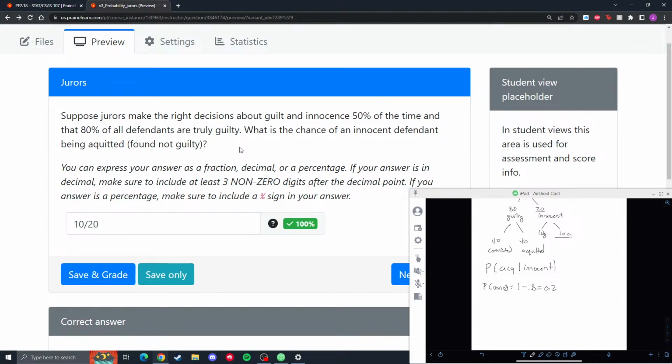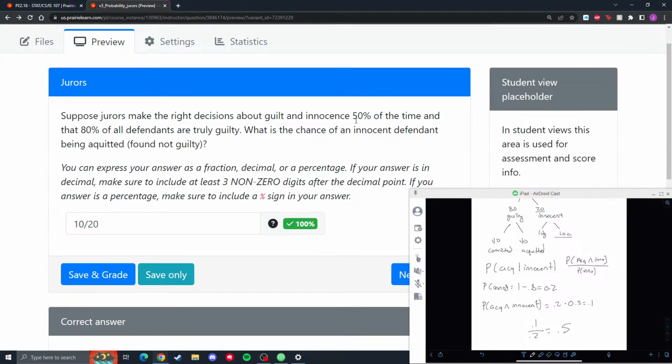And then the probability that they're acquitted and innocent: we know the jurors are right 50% of the time, so it's equal to 0.2 times the probability the jury is right, 0.5. And that gives us 0.1. The probability of acquitted given innocent is the probability of acquitted and innocent over the probability that they're innocent. So we can do 0.1 over 0.2 to give us the 0.5 again.